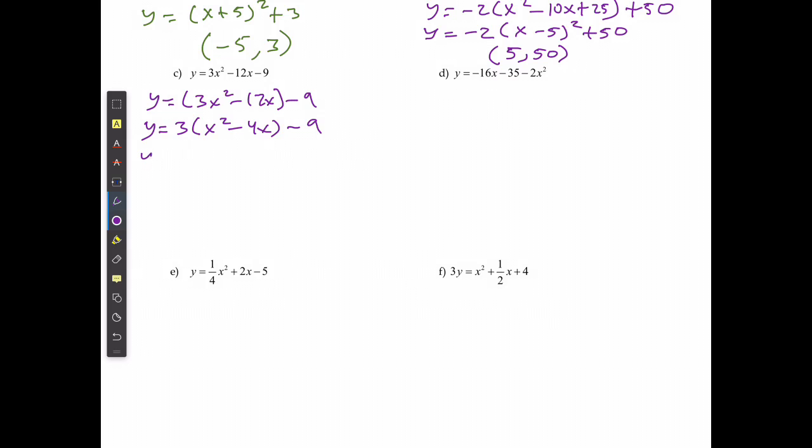I'm going to say it's going to be y is equal to 3 bracket x squared minus 4x plus and minus the number I'm going to solve for, and minus 9 on the outside. And when I take half of -4, it's going to give me -2. Squared is going to give me plus 4 and minus 4.